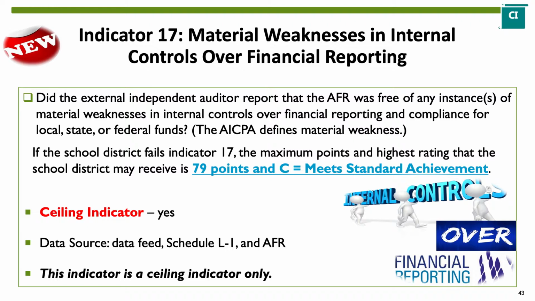And I can honestly tell you that. Usually only 2 districts may fail this each rating year. But those districts are already in trouble. They're already going towards insolvency, or they have something else going on that is not in line with the statutes, laws, and regulations. But again, it's a ceiling, so just watch out for that.